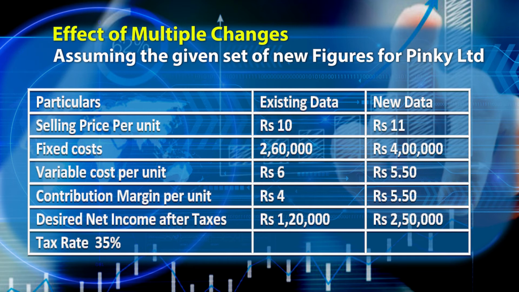Contribution margin per unit has increased from rupees 4 per unit to rupees 5.50 per unit. Desired net income after taxes has increased from rupees 1,20,000 to rupees 2,50,000. Tax rate is 35%.